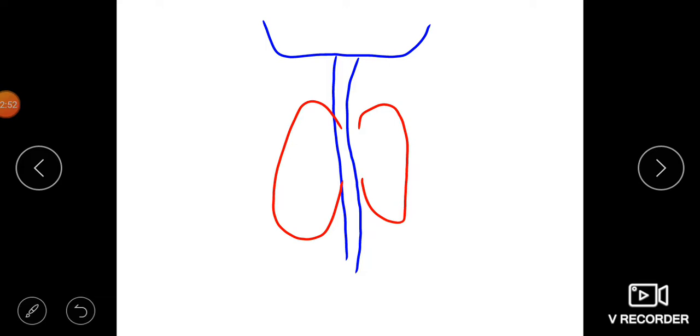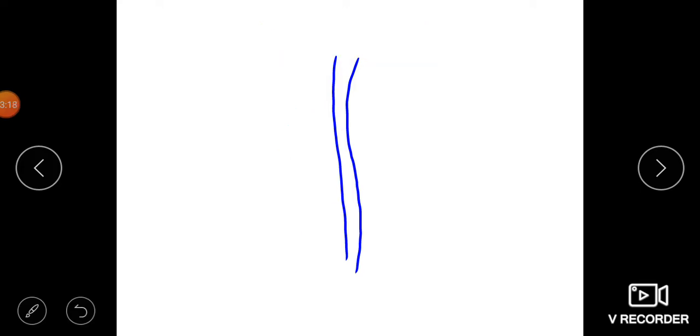It has a right lobe and a left lobe. These two lobes are connected by a non-secretory band called the isthmus. This portion is called the isthmus. It is present below the larynx and in front of the trachea.